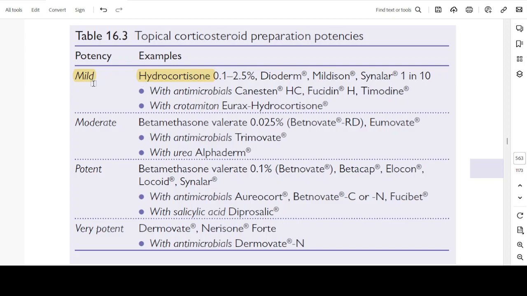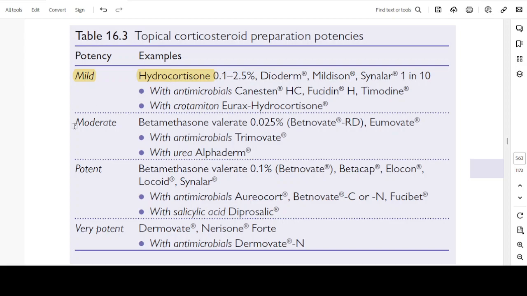Mild steroids are hydrocortisone 1% or 2.5%, and also by the brand names Dioderm, Mildison, Cynalar 1 in 10. With antimicrobials: Canesten HC, Fucidin H, Timodine, with crotamiton, Eurax Hydrocortisone. So these two are not asked, but hydrocortisone is a mild potent steroid that has been incorporated in our questions many times.